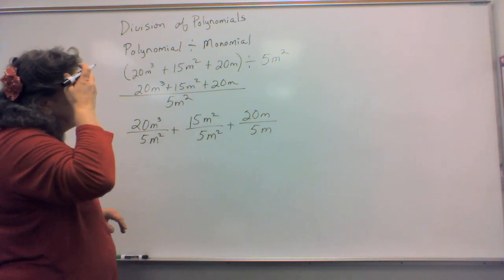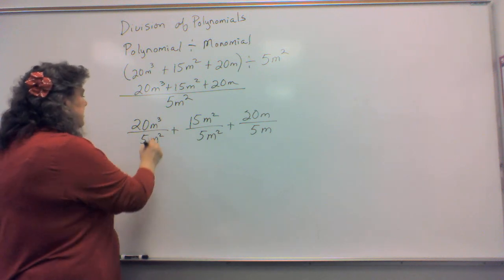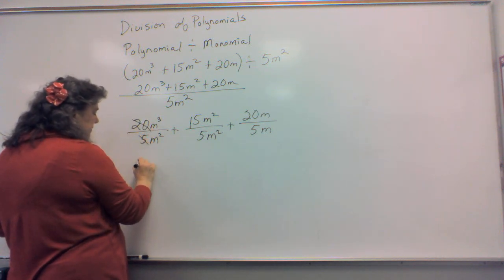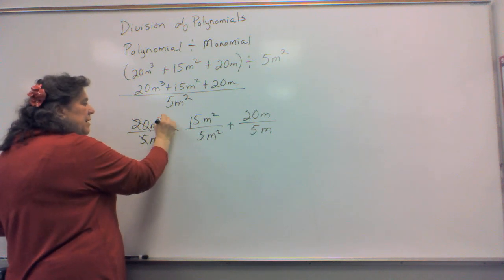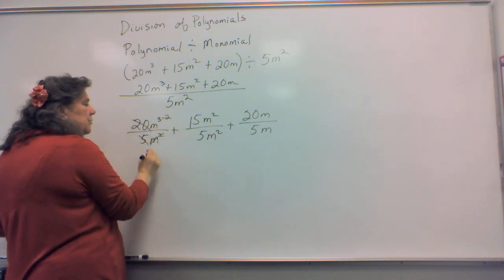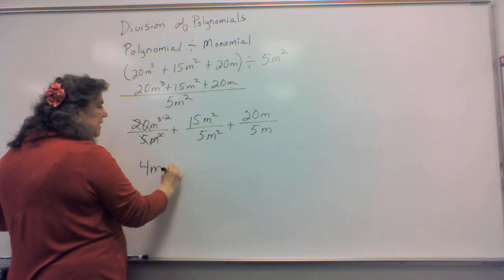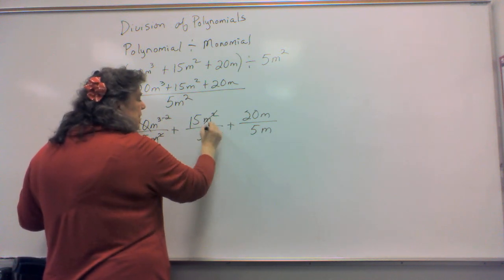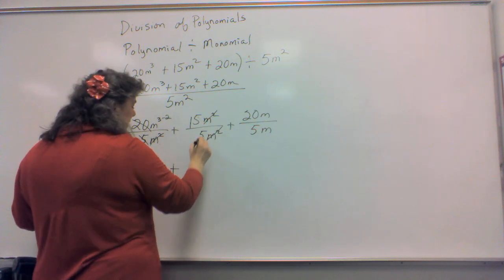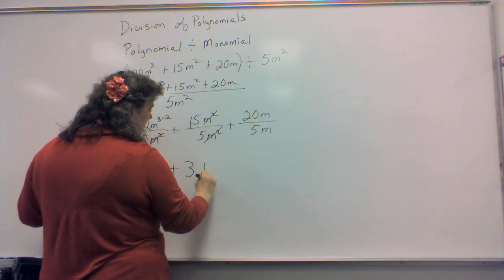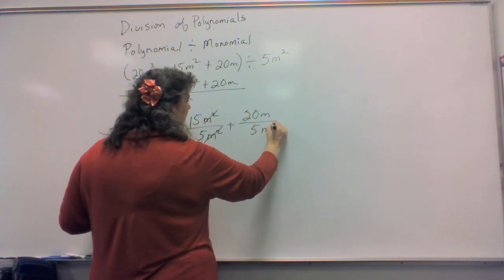Now we will simplify each one of these fractions. So 20 divided by 5 is 4. m cubed divided by m squared, using your quotient rule, we have 3 minus 2, which gives you m, plus m squared divided by m squared is 1. 15 divided by 5 is 3, plus, oops, I forgot my square here.